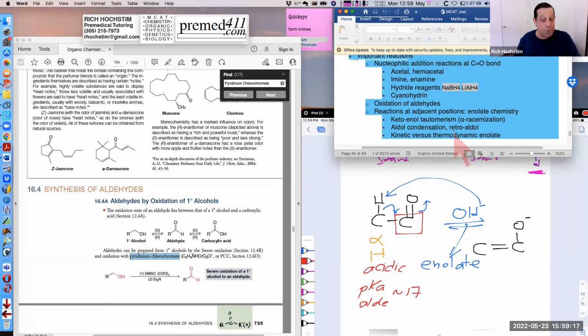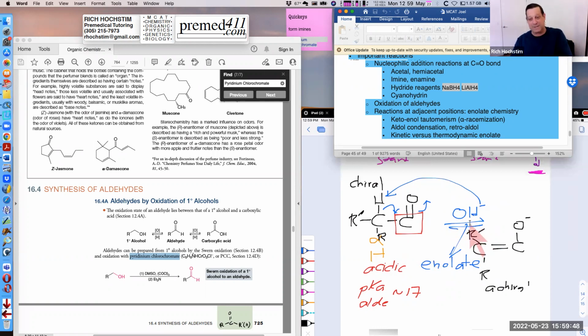Now, what's important about this is that it's reversible. Just imagine this was a chiral carbon here. This is chiral, and this over here is achiral. And this is reversible.